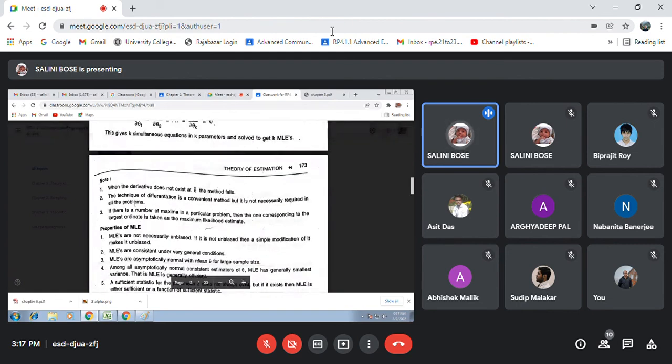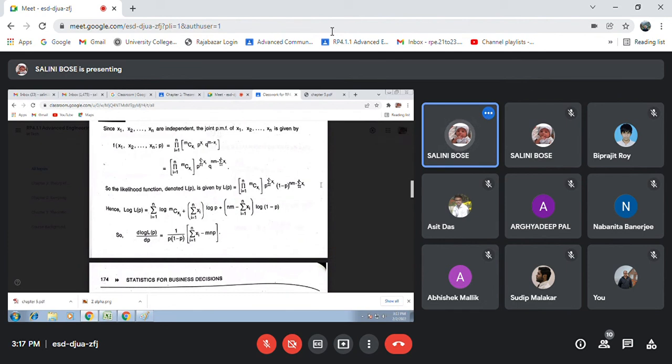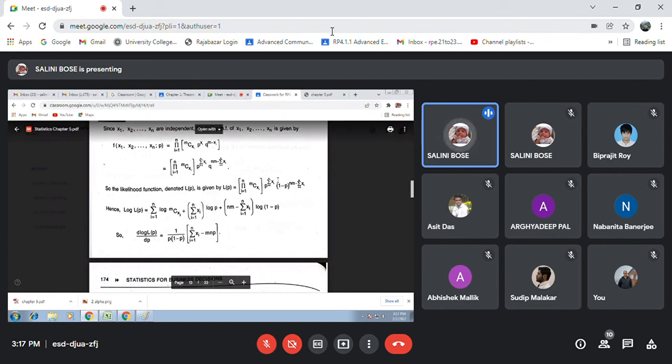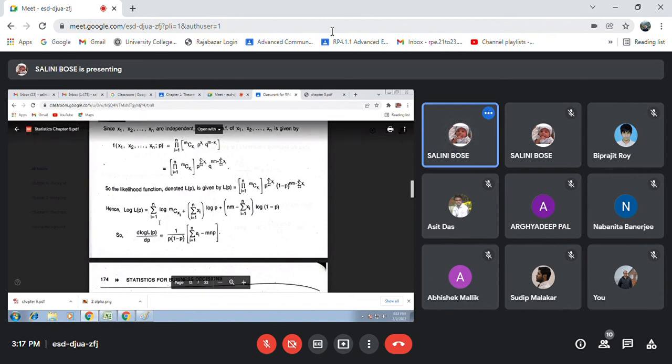So log of L p will be the log of this total function. These are all product terms, the mCxi and the rest. So log of this, plus log of p to some power, plus log of 1 minus p to some power, because log of A into B is equal to log of A plus log of B. There are 3 product terms, so we can write 3 additions.